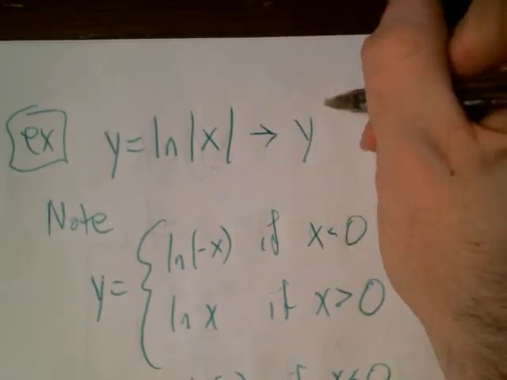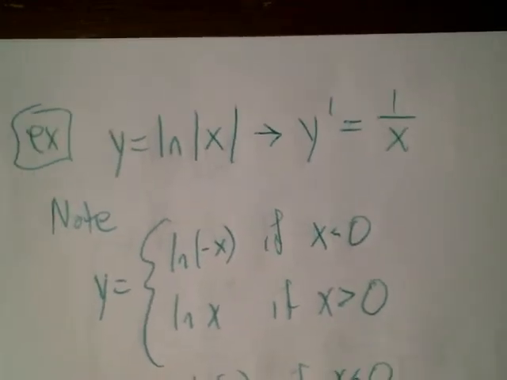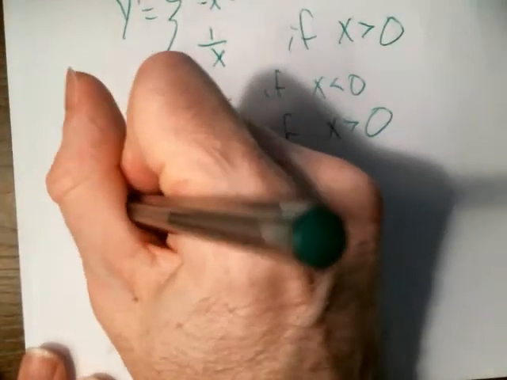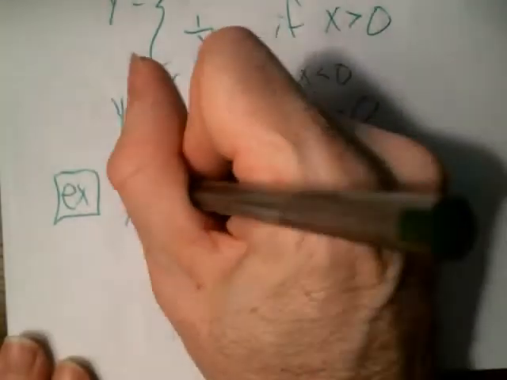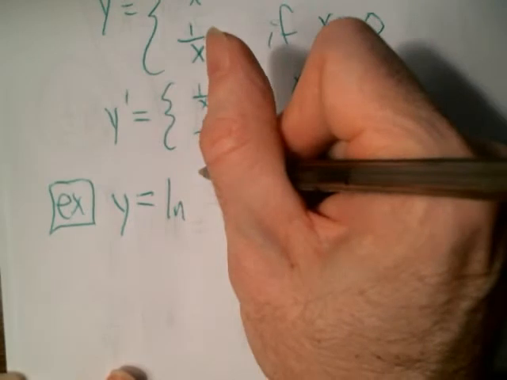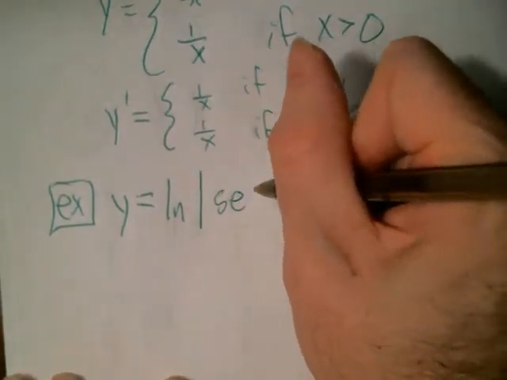You can say its derivative is what it would be if the absolute value wasn't there in the first place. And that turns out to be true. You may have domain issues to worry about, but we don't worry about those too much here. So for example, the ln of the absolute value of, let's say, secant.